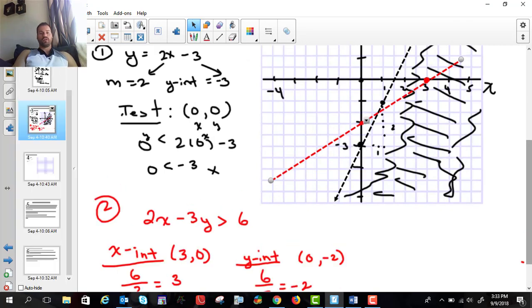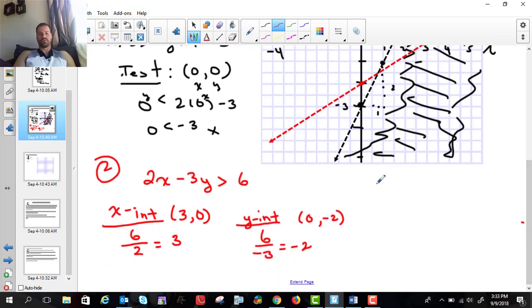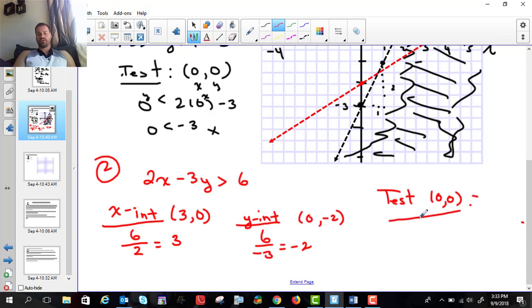Now, I look at this and I say, okay, I need to shade it again. So I'm going to test 0, 0 again, to see if that's part of the solution. If it is, I'm going to shade up here. And if it's not, I'm going to shade down there. So if I test 0, 0, and I'll just write it right here, all we do is plug in 0 for x and 0 for y.